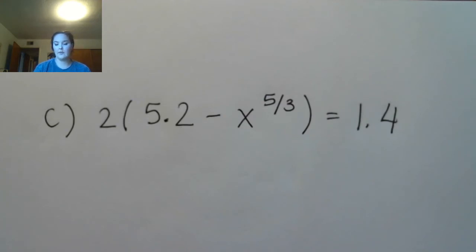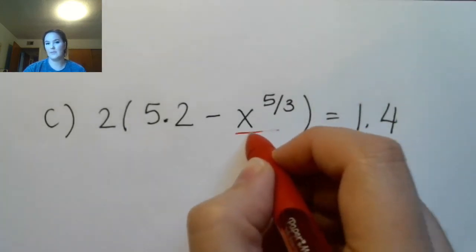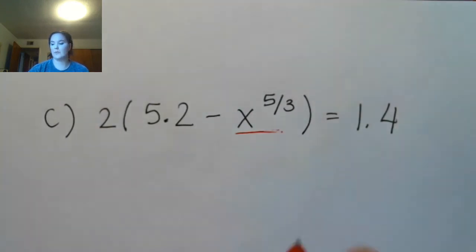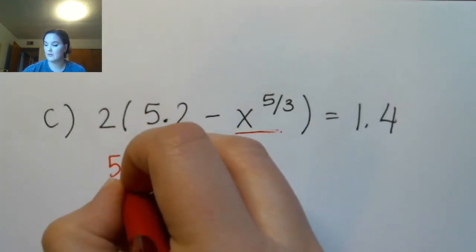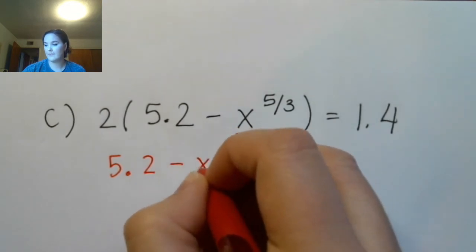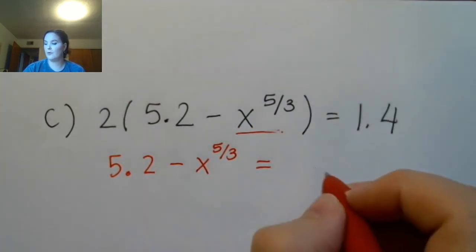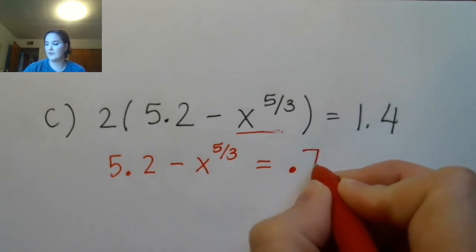So here we go. Again, the first thing that we want to do is isolate this term. So I'm going to go ahead and divide this 2 on both sides. 1.4 divided by 2 is 0.7.